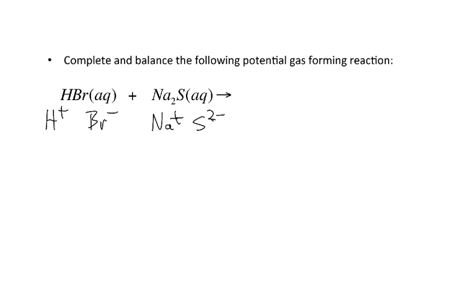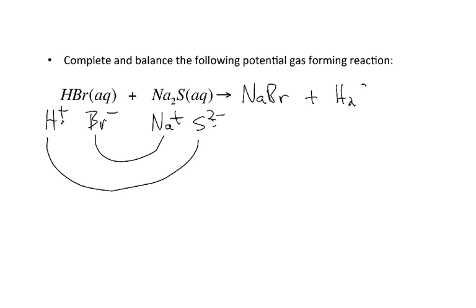So I'll combine the H+ with the sulfide, I'll combine the sodium and the bromide, and so my products are NaBr, and then the other product, hydrogen has a +1 charge, sulfide has a -2, so I need 2 hydrogens for every 1 sulfur. So my product is H2S.